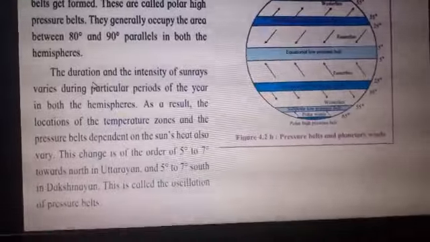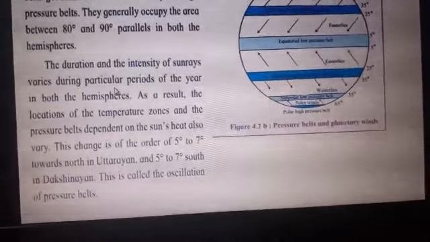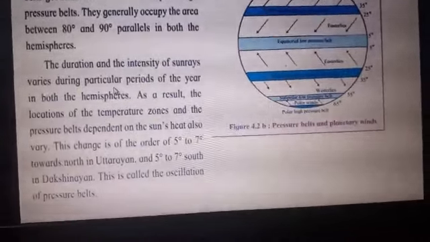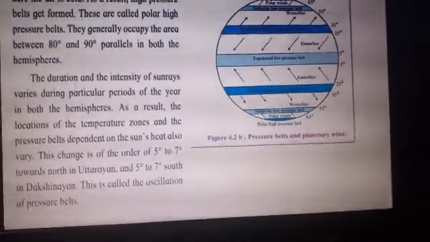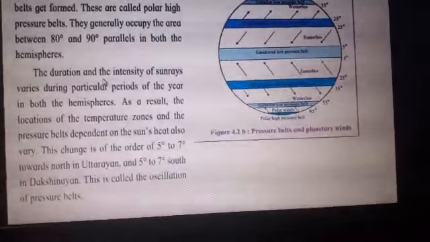The duration and the intensity of sun rays vary during particular periods of the year in both the hemispheres. What happens? The duration, how long the sun rays are available to us, and the intensity, that is how much heat is received by the polar region from the sun, vary during particular periods of the year.